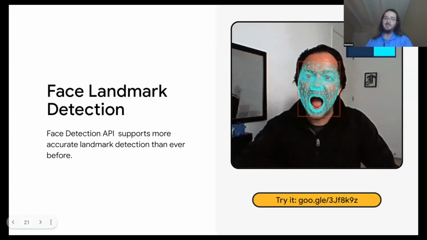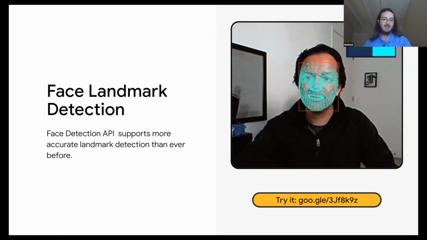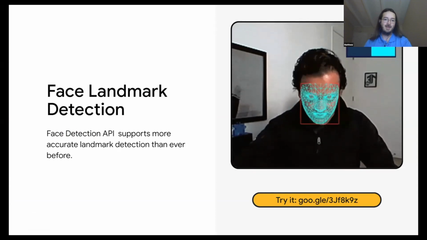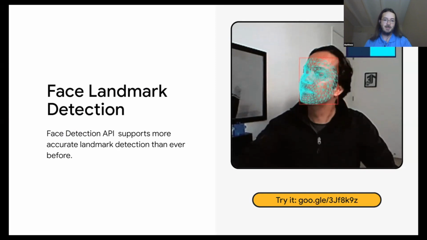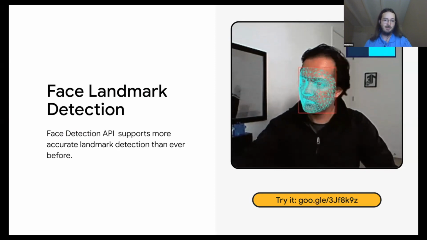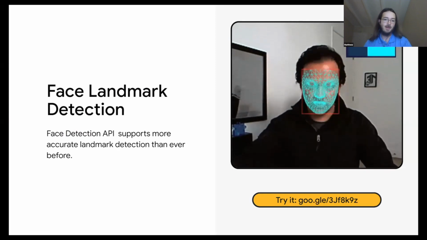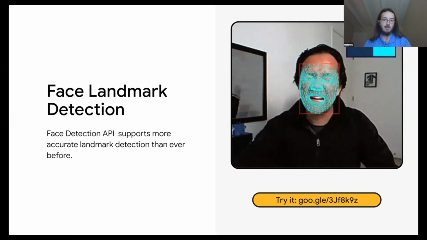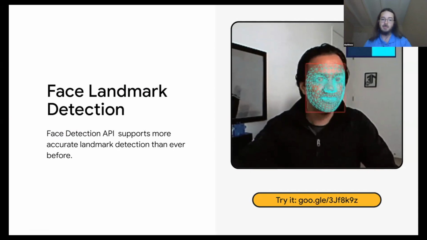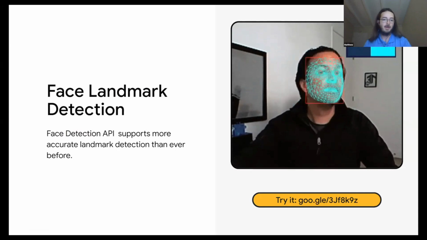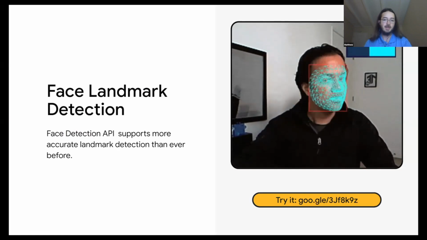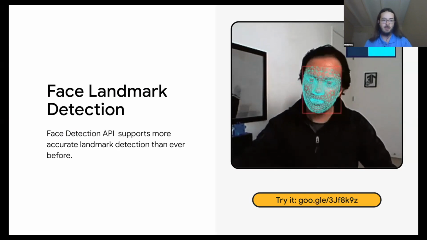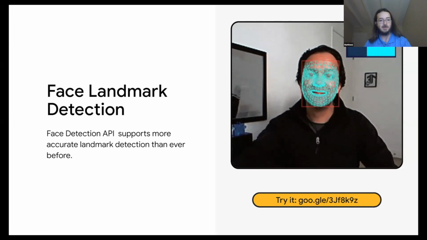More stuff related to human bodies. Moving on to the face this time, we have updated our face landmark detection API that builds on the existing face mesh model that you may have tried before. And this new API has even higher accuracy and detail for face landmarks and movements. It's also based on the latest MediaPipe model. And you can see in this demo, it can run at over 130 FPS on modern computers.